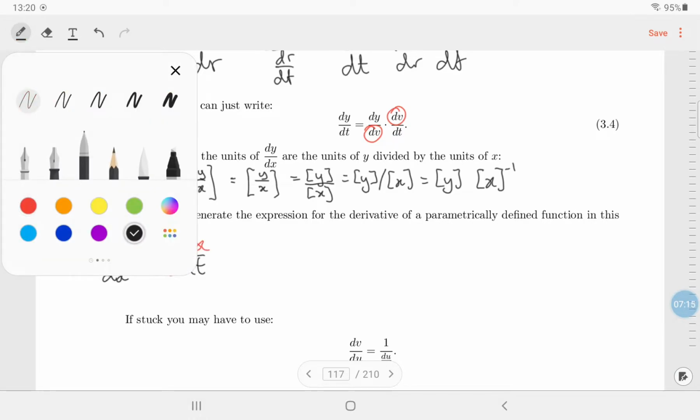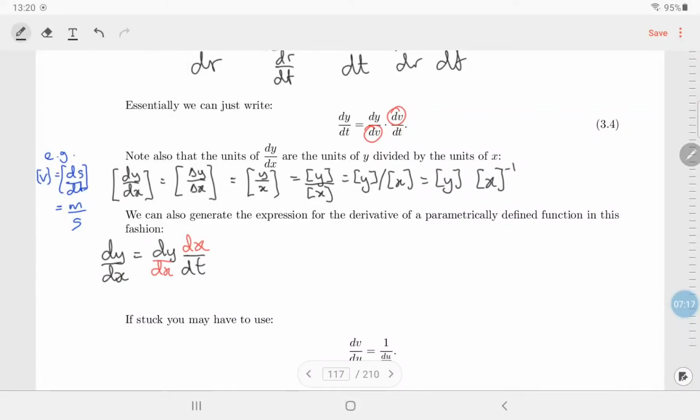And then you can solve this for dy/dx by dividing both sides by dx/dt. So that's not really an alternative way to derive it, it's just another way of writing it, but I'm just saying that this is linked.